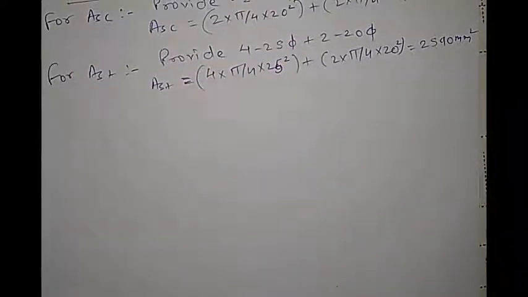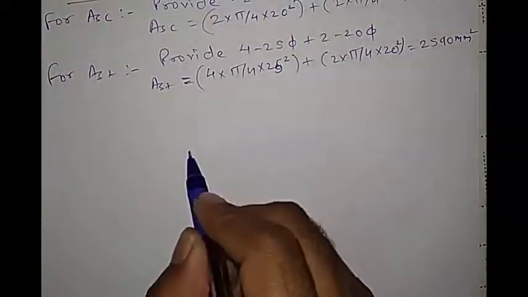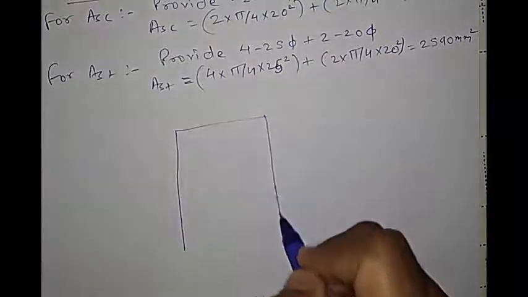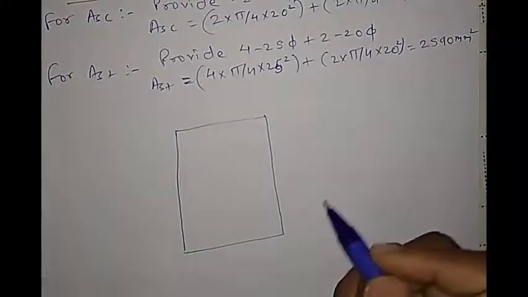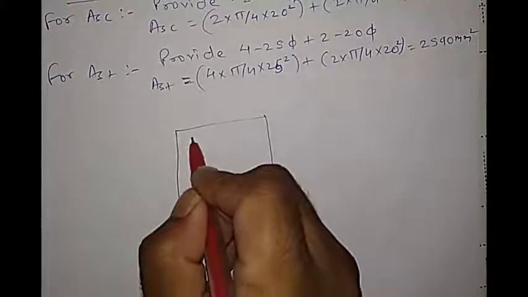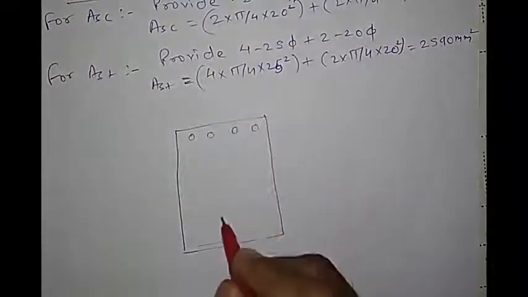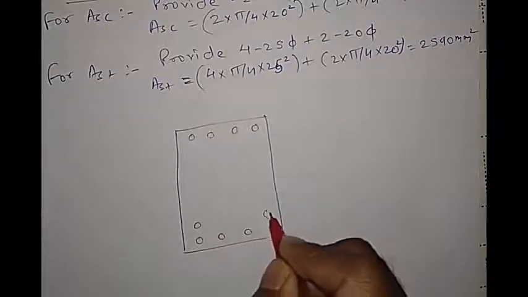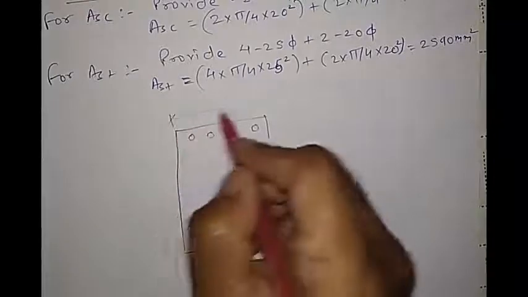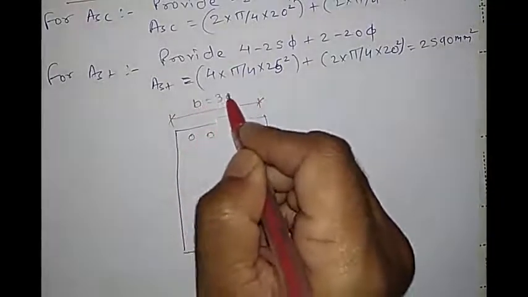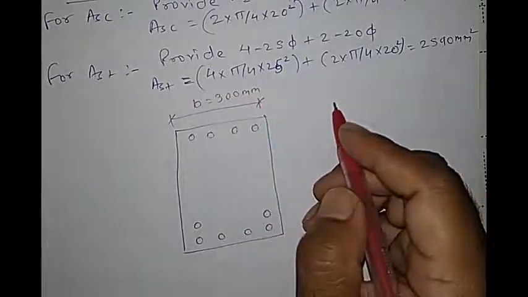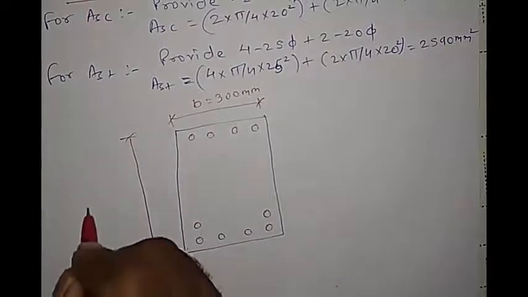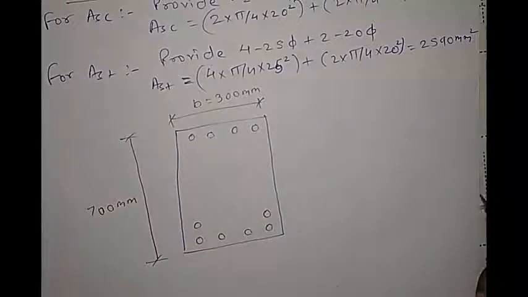So now at the last you have to draw the cross section of the beam. This is 300 mm and total it is 700 mm.